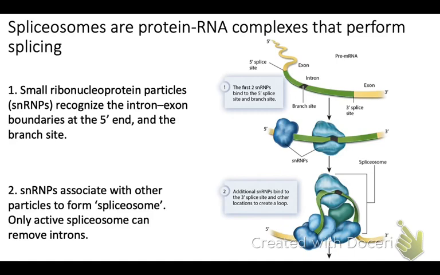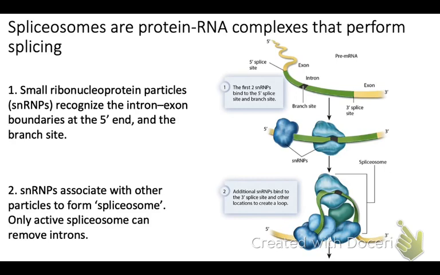So their job here is to recognize the boundaries between introns and exons, and then remove the introns and join the exons. So it creates an mRNA with a continuous coding sequence, and we get rid of all the intervening stuff.